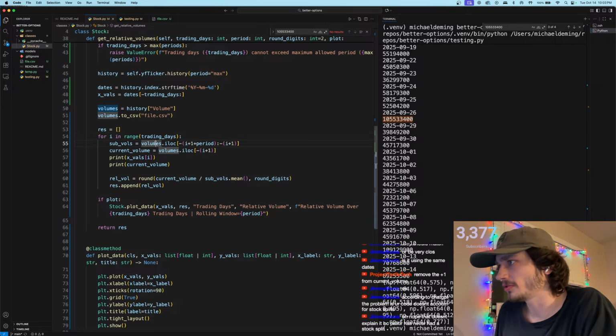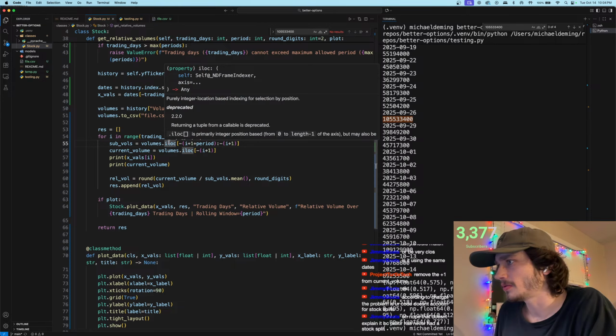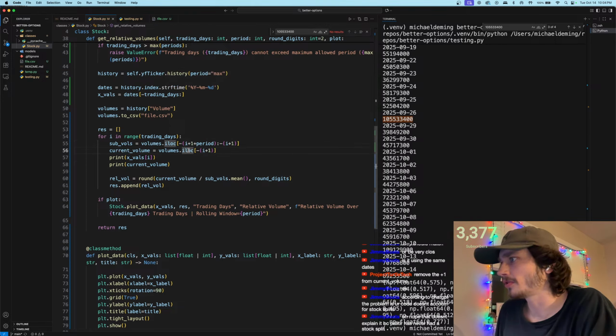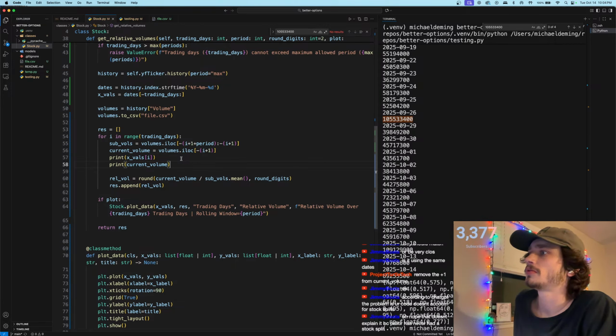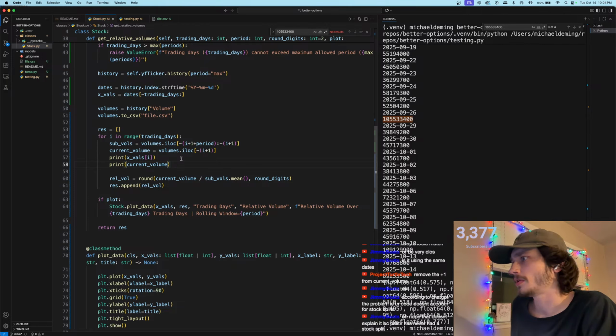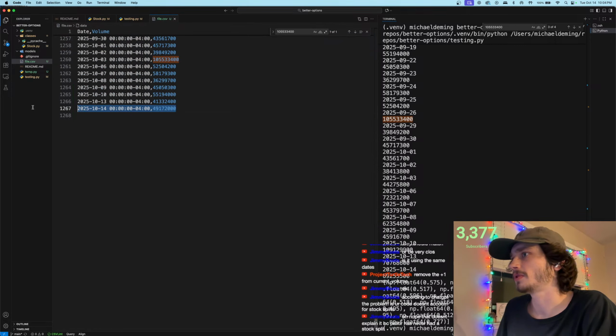We're going to volumes, locating the current volume at negative, so this gives us this one here, the 14th, the current one.